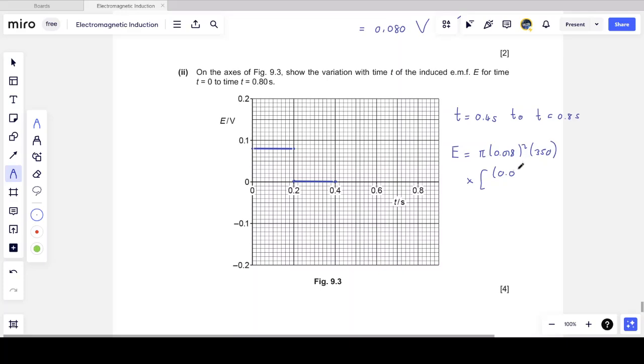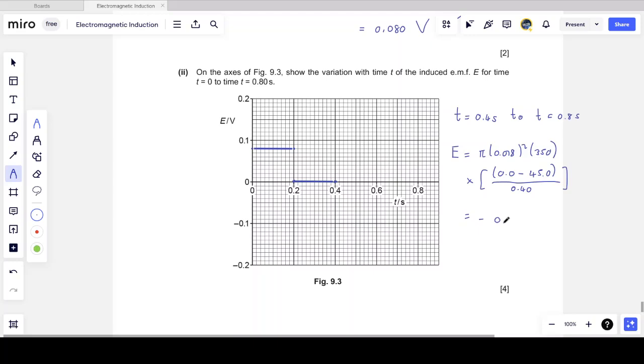Maybe in the opposite direction, but it's the same. 0 minus 45, which I've done before. The only difference is that the time is now doubled. It's 0.4 seconds. So I'm dividing by twice as much as I was before. So what I'll get is a negative value with half the magnitude of the EMF for the first 0.2 seconds.